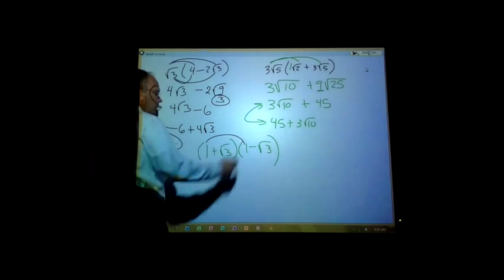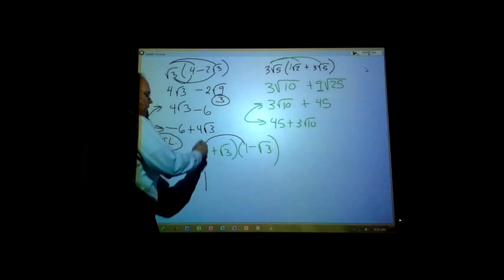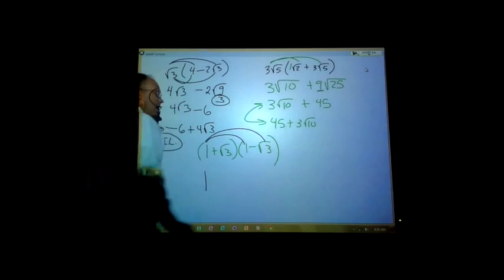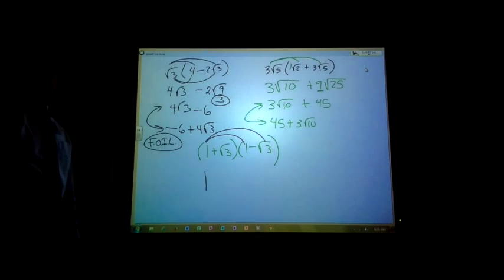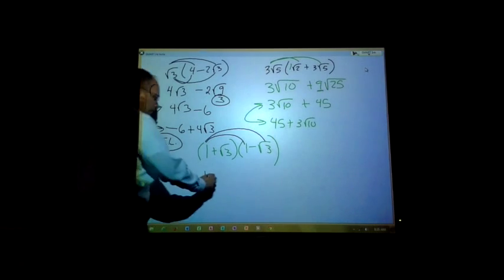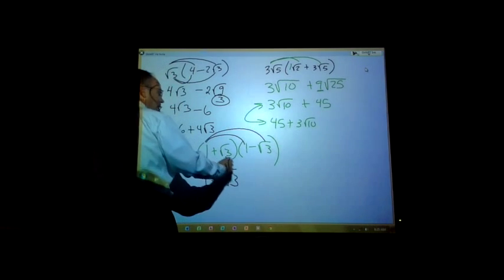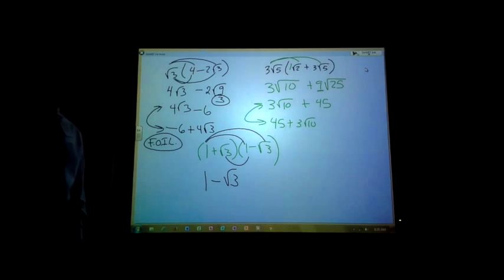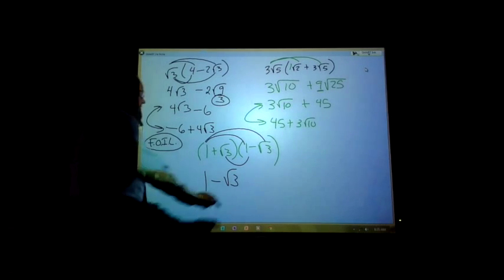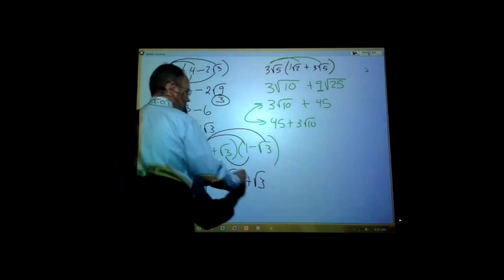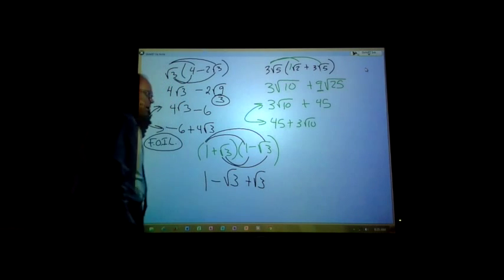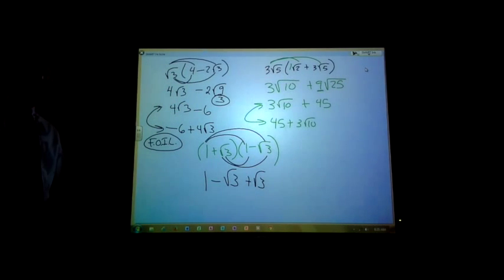So 1 times 1 is 1. Outside: 1 times negative root 3. Negative root 3. Inside, the I: 1 times root 3. Root 3. Last: root 9.